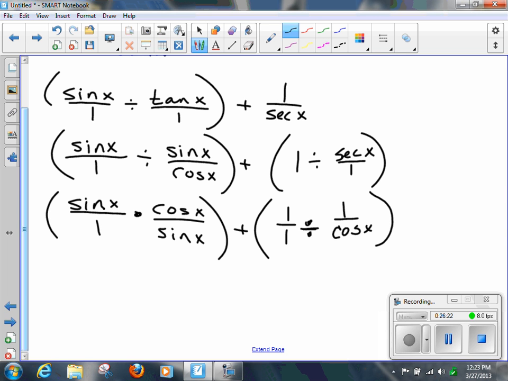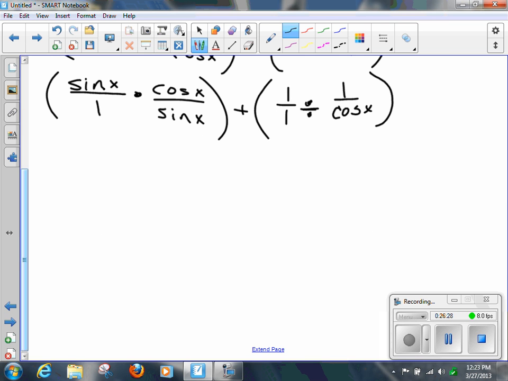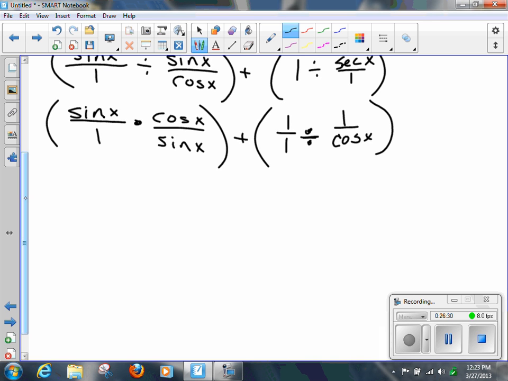And this is what Luke was talking about: just flip it. Cindy, what do you want to do over here on the left? Cancel out the sines. I agree with you. That gives me cosine x. Okay, that one's whittled down. Yay.